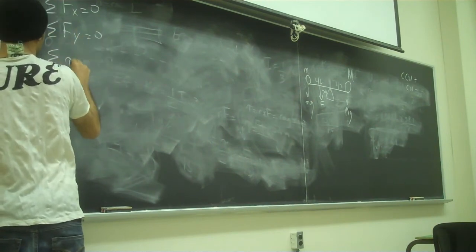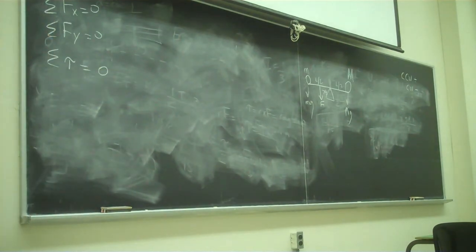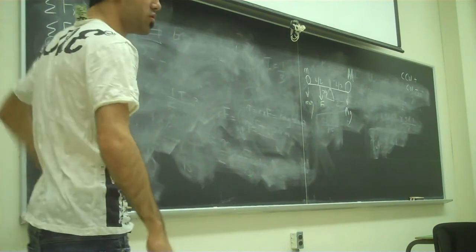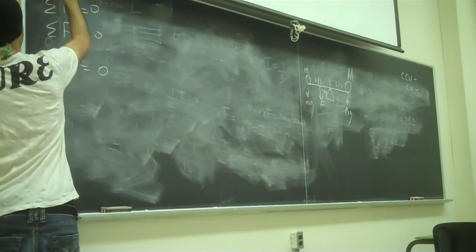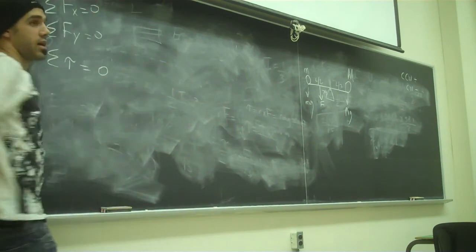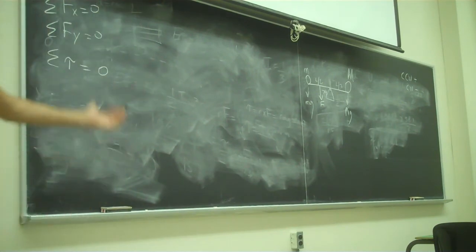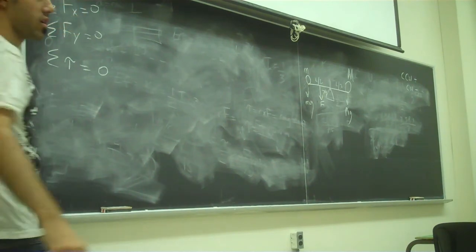And the sum of all torques equals 0 as well. This is like your new rules for all the problems when it's in equilibrium. And that makes sense because the thing is still. If you have a bridge or whatever, the bridge isn't moving, it shouldn't be moving. And the net forces and torque should all add up to 0.